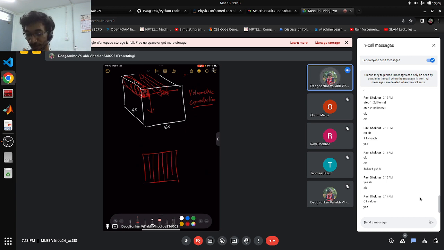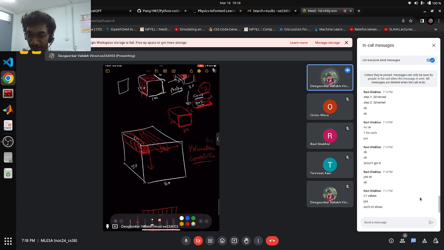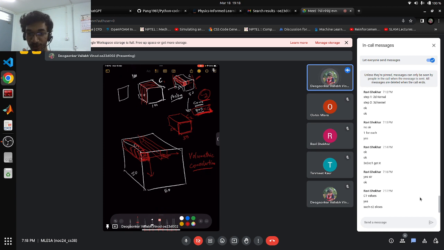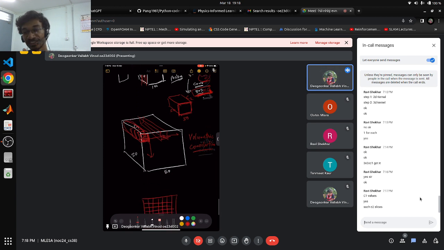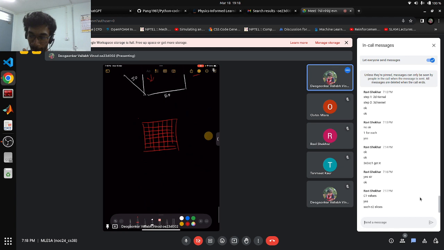So this is from my first 3 cross 3 cross C1 kernel. So the first kernel of this second convolution process, such C2 slices, exactly. Yeah, such C2 slices.